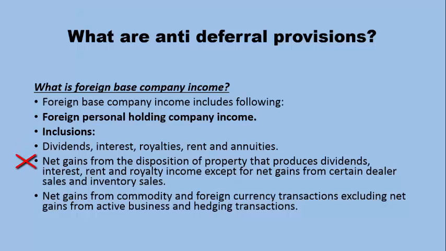Net gains from the disposition of property that produces dividends, interest, rent, and royalty income, except for net gains from certain dealer sales and inventory sales. Net gains from commodity and foreign currency transactions, excluding net gains from active business and hedging transactions.